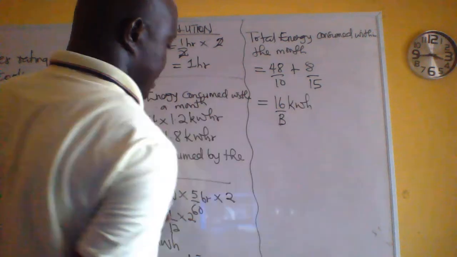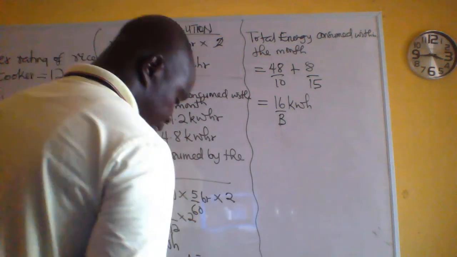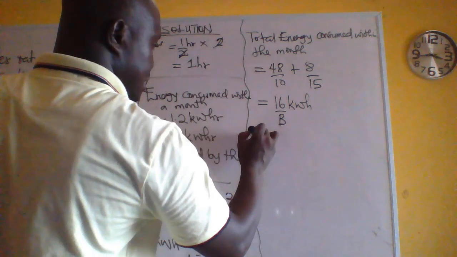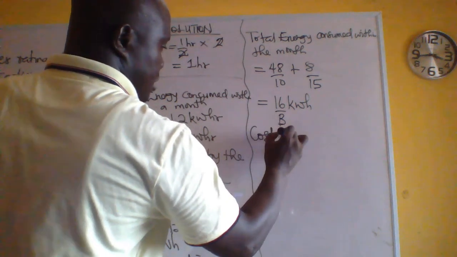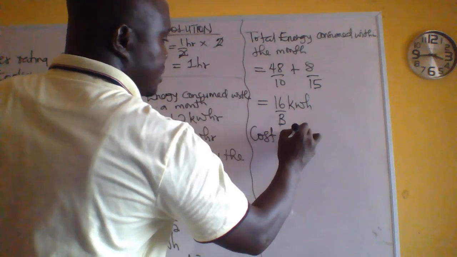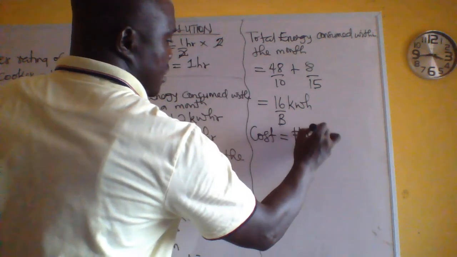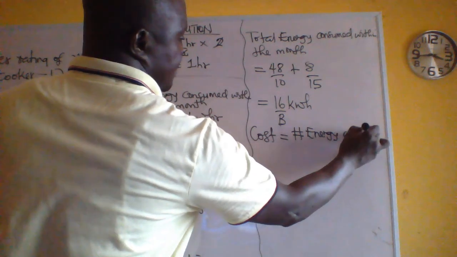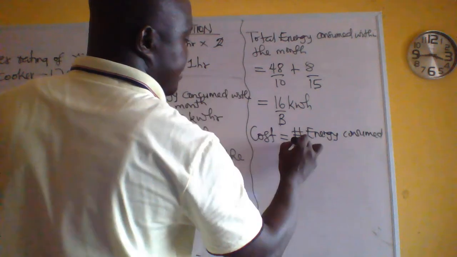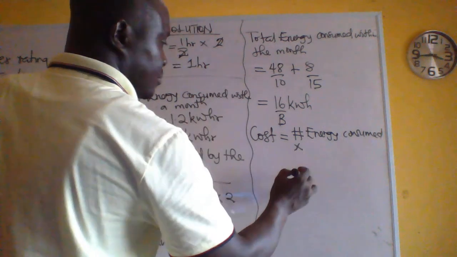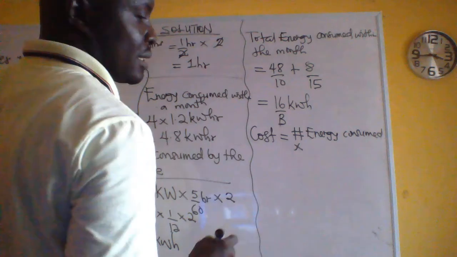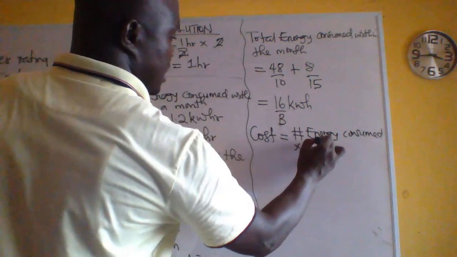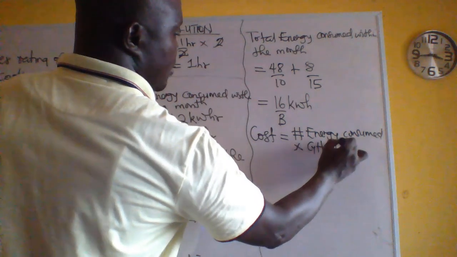Okay, so if she is to be billed, the total energy cost will be the total energy consumed times the cost of 1 kilowatt hour energy, which is 1.2.